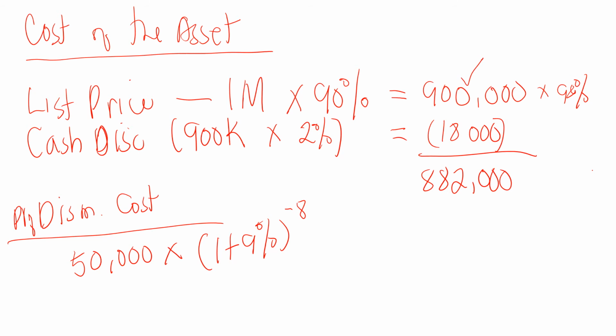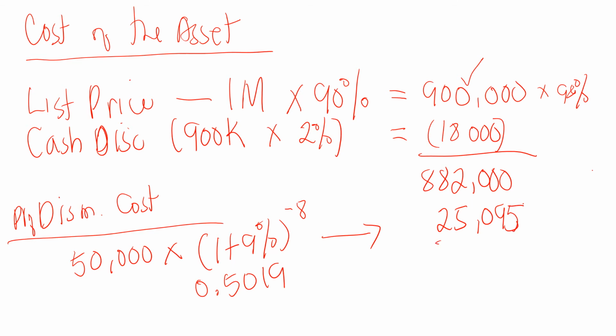1.09 raised to negative 8 will be 0.5018662797. So I will just use a factor with 4 decimal points, 0.5019. So 50,000 times 0.5019 will give me 25,095.